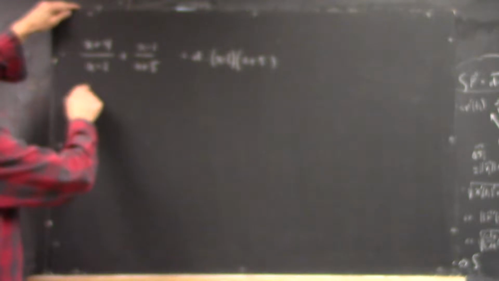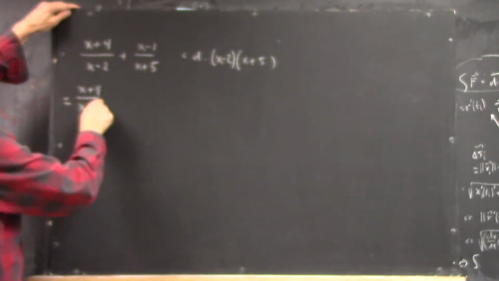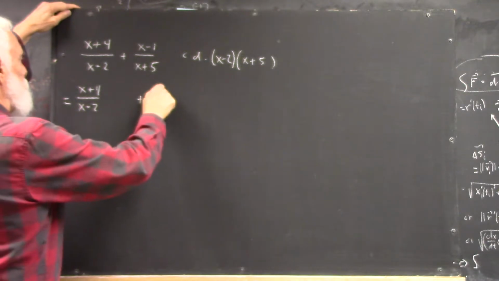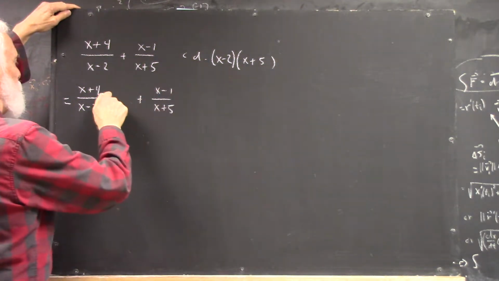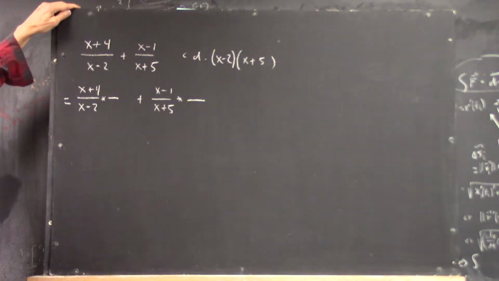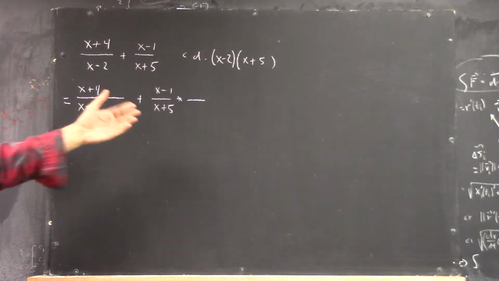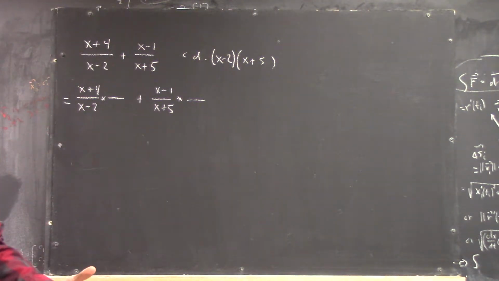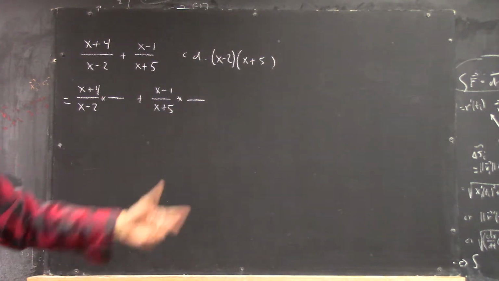Okay, well, then, as before, we need to multiply by some fraction, right? Or some rational expression, if we want to use the proper terminology for what these are.